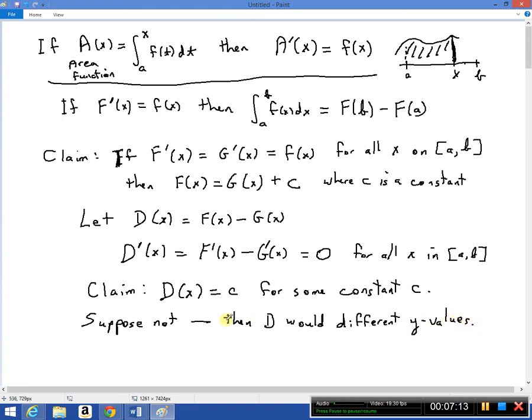So let's pick two places where D has different y values. So let x1 and x2 be places where D has different y values.